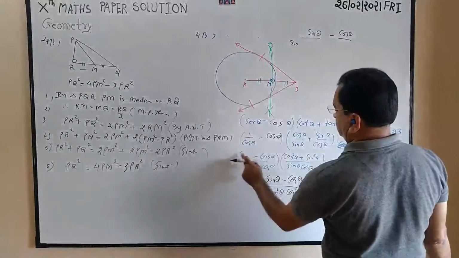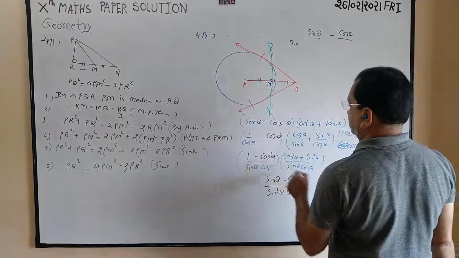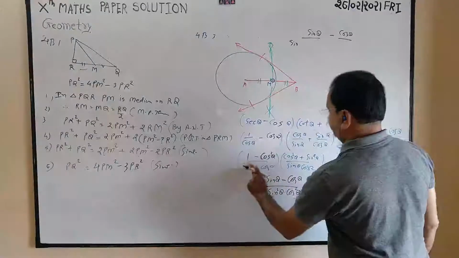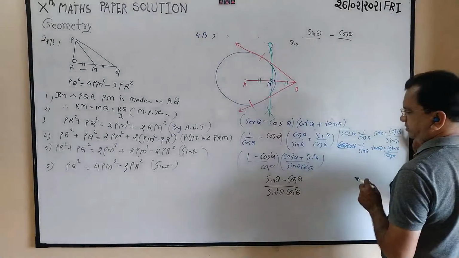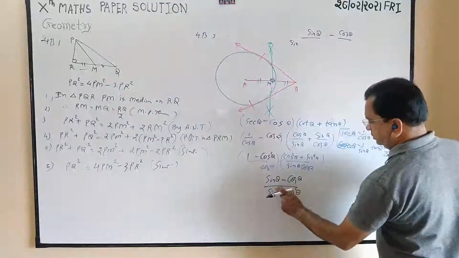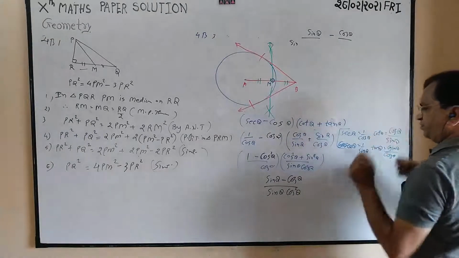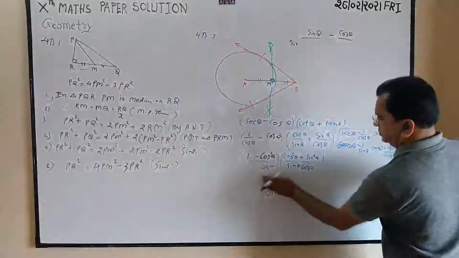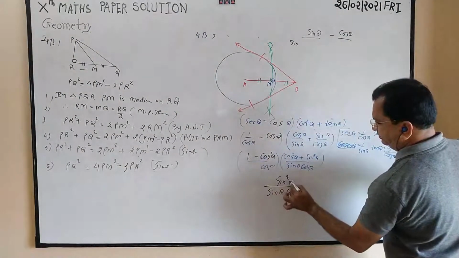So it is 1 minus cos square theta by cos theta. Cos square theta, sin square theta, this. So here sin and cos square theta. And here 1 minus cos square is equal to sin square theta.